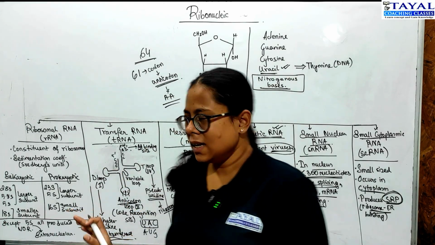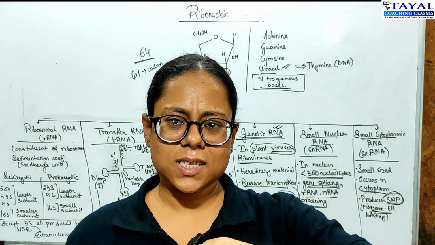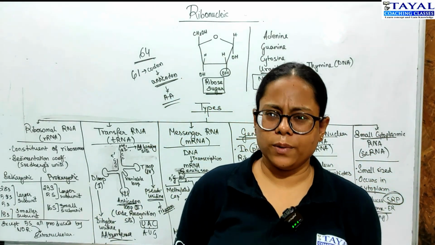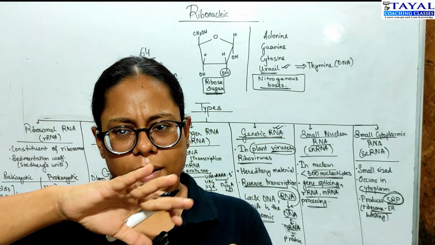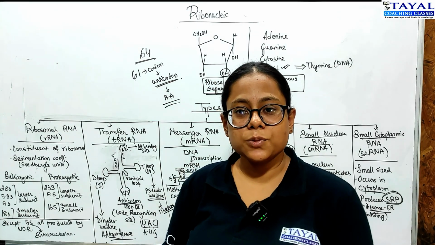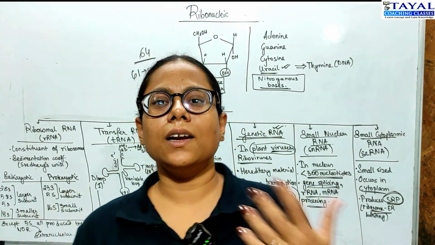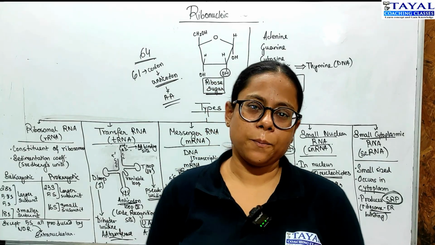And now, this whole structure will be able to put in amino acids based on the code, right? It will be able to read the code, put in the amino acid respective to the code. When we do transcription and translation in detail, it will become more clear to you. But I hope the structure of transfer RNA is okay.